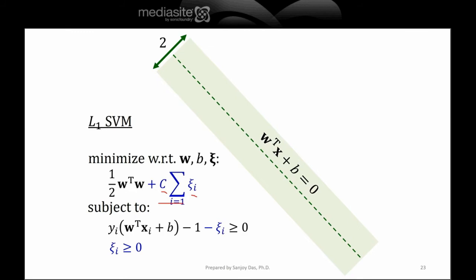So we have to minimize two things simultaneously: half times W transpose W, plus some weight times summation zeta I. And now the constraints are, since we are allowing some error, yi times W transpose xi plus b should be greater than or equal to 1 minus zeta I, and zeta I greater than or equal to 0.